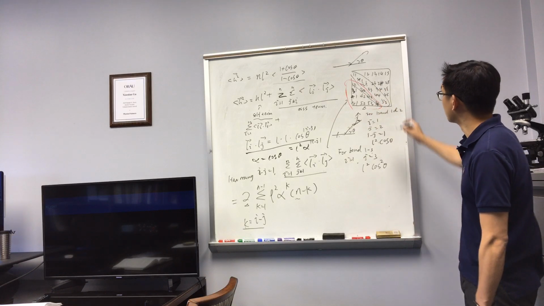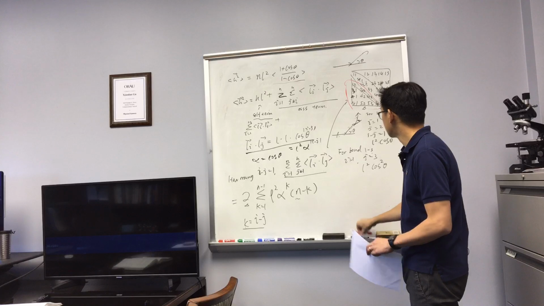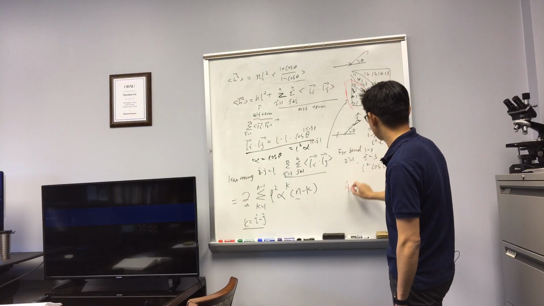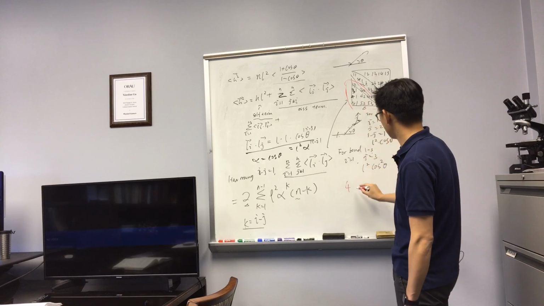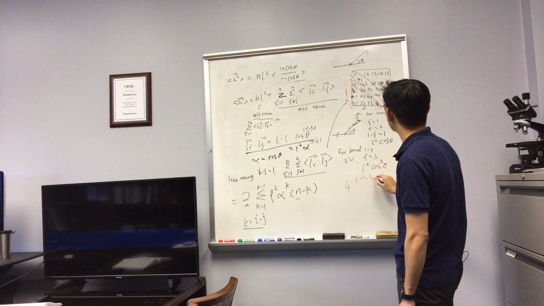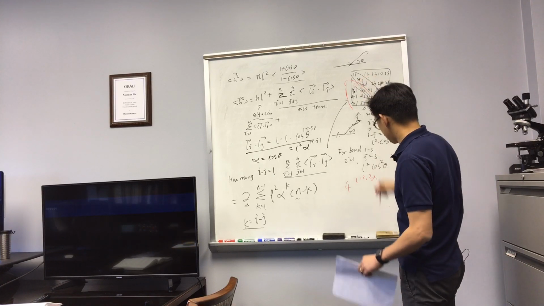So if we want to write this matrix out, I'm going to use a red color. We have basically 4, right? 1, 2, 3, 4. We have 4, which includes 1,2, 2,3, 3,4, 4,5.